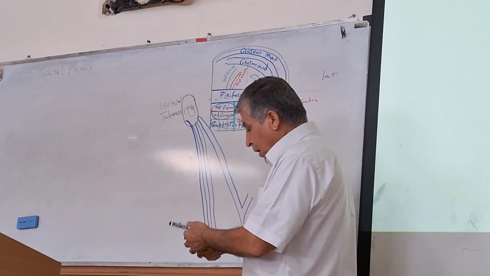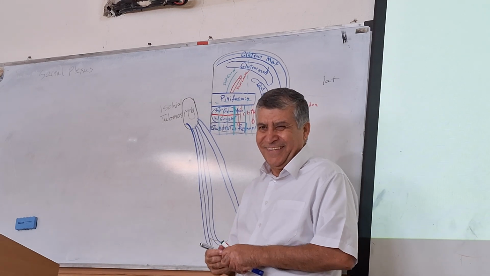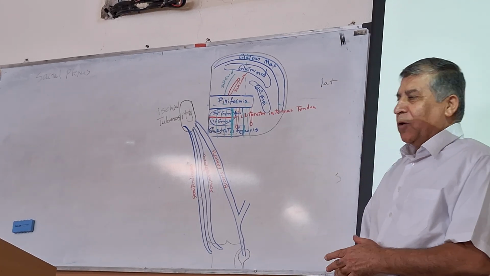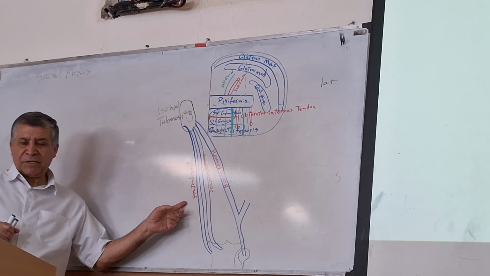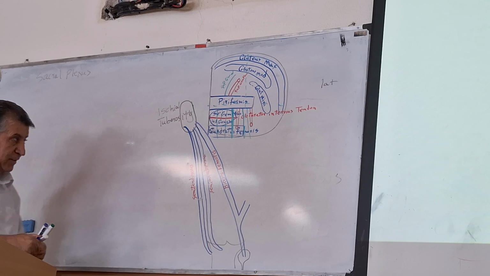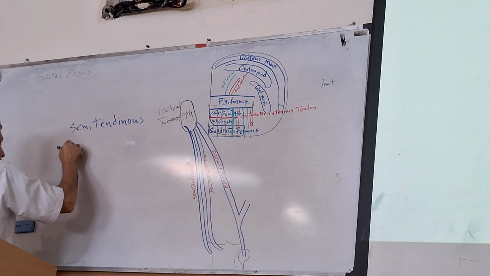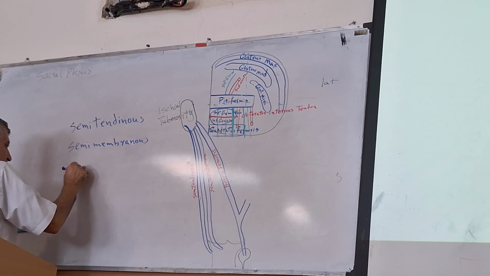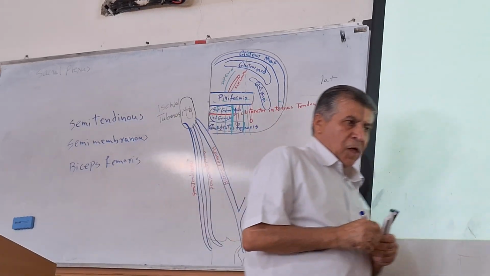From medial to lateral: semitendinosus, semimembranosus, and biceps femoris.